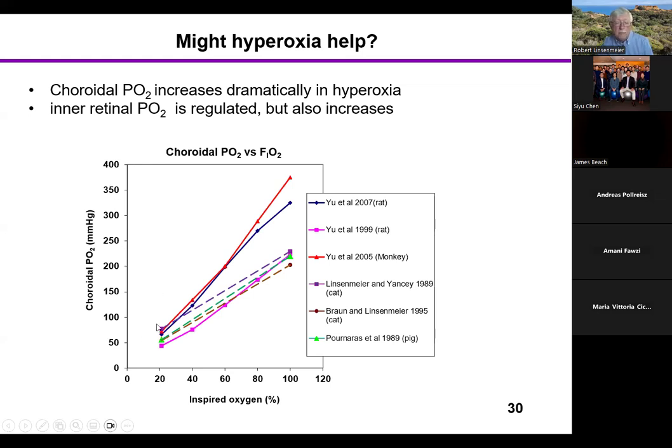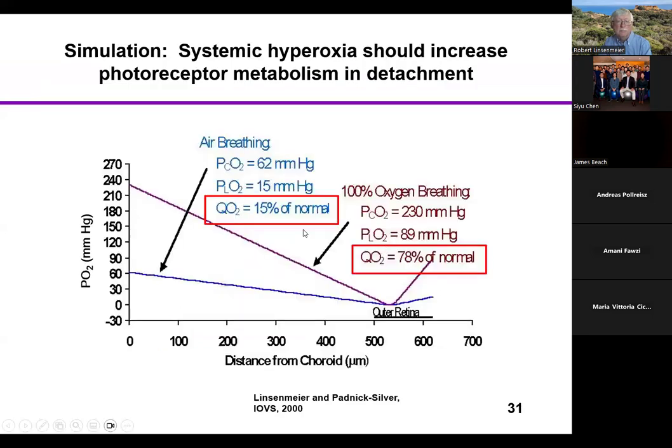It's fully saturated before that with oxygen, but it's the PO2 that's driving oxygen into the retina. And so it tends to continue to increase. So again, we did the simulation, and with the choroidal PO2 much higher, the oxygen consumption could be much better maintained.